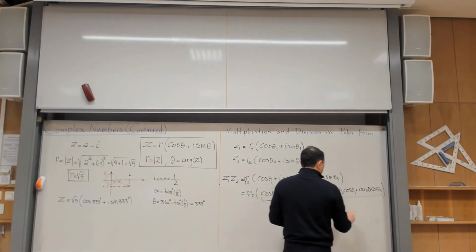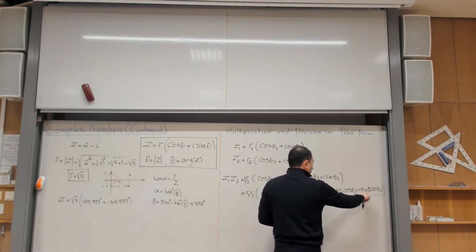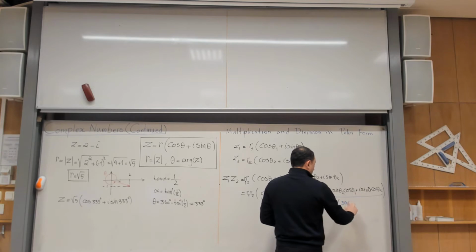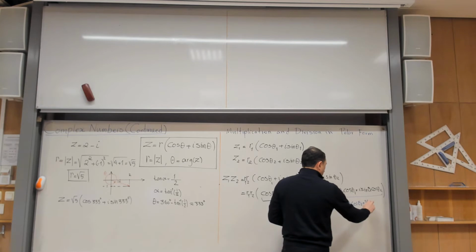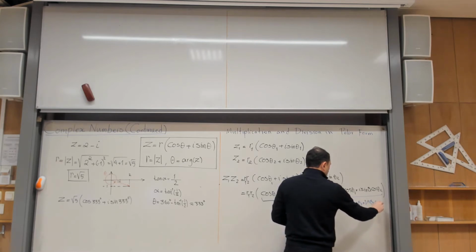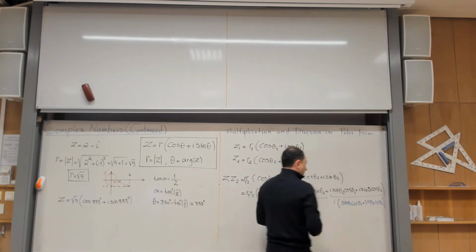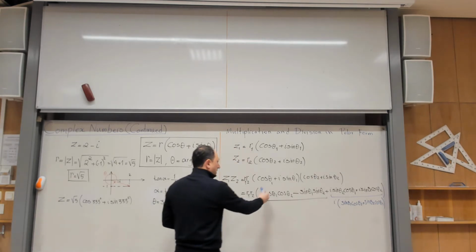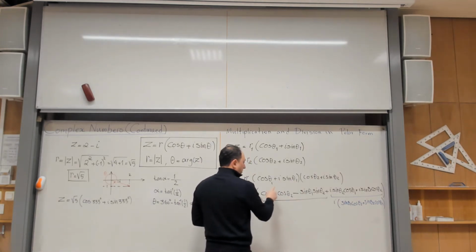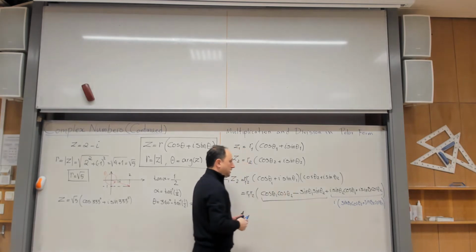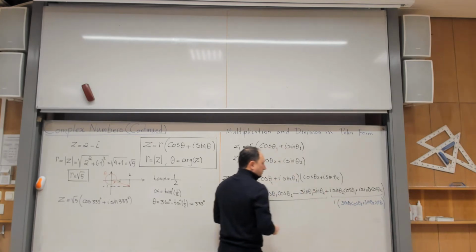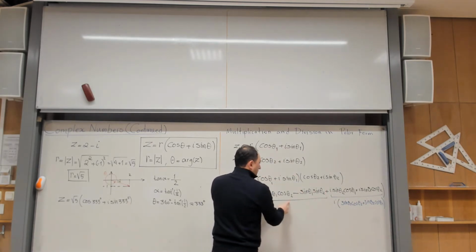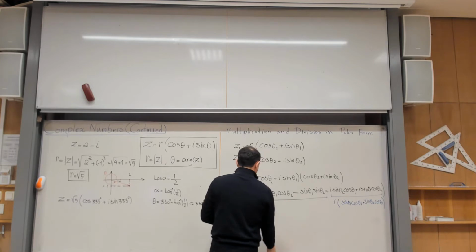So I will take this one and write i, let me write this one first: i times sine theta 1 cosine theta 2 plus sine theta 2 cosine theta 1. And then this one is the addition formula. If you remember, for cosine it was different: in the addition formula, a negative sign appears. But for sine, it's the same. So this is the addition formula for cosine, and that's the addition formula for sine.